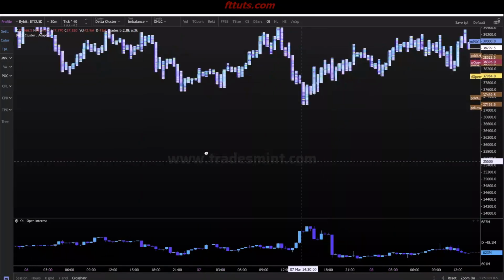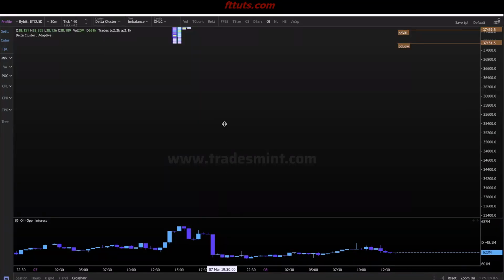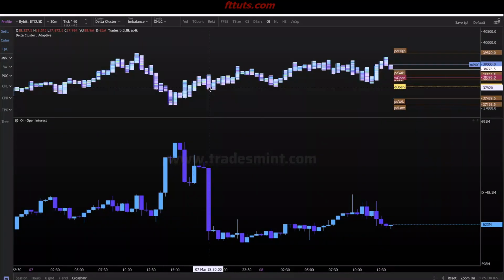Okay, now this is a 30-minute chart. We can see, for example, right down here, that during this 30-minute candle, lots and lots of trades closed out. And we can see during this candle right here, many trades opened.